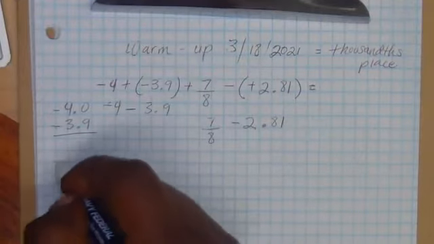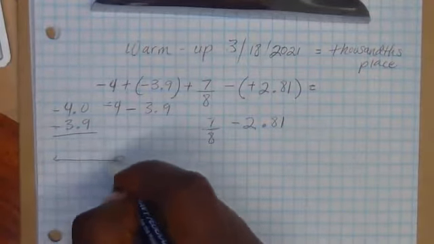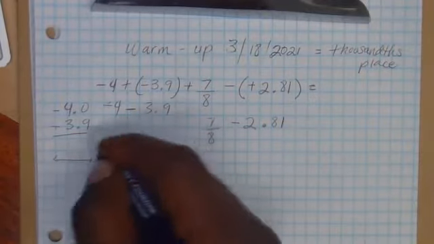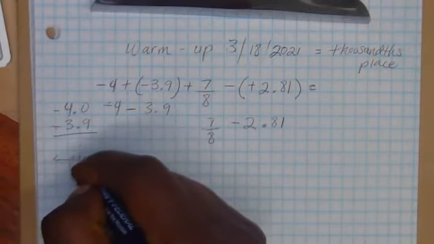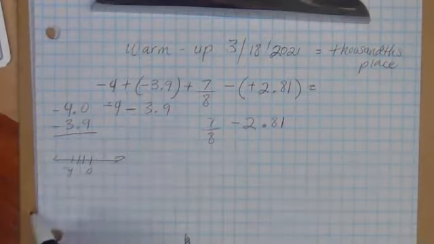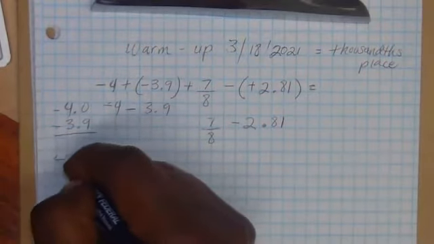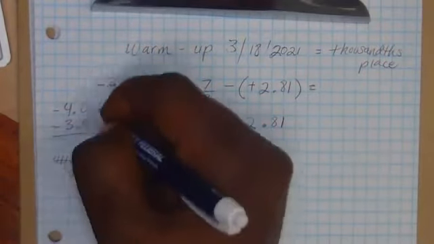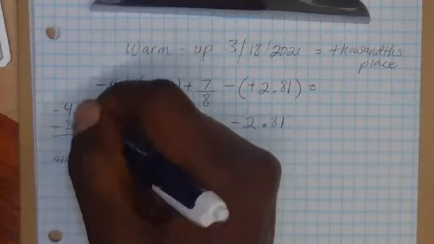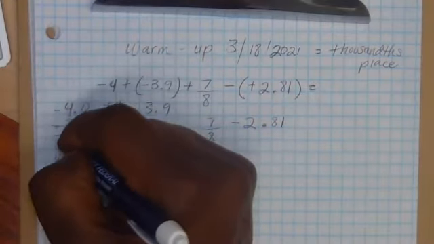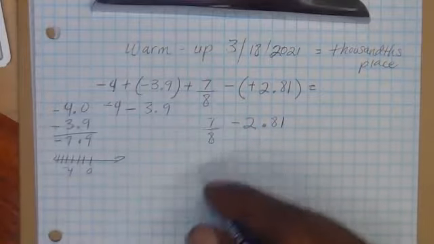So that's going to go in which direction on the number line? If this is 0, we're going to go this way. Because if you're at -4 and you add a -3.9, that means your answer is going to be negative. So you basically add, and you have -7.9.